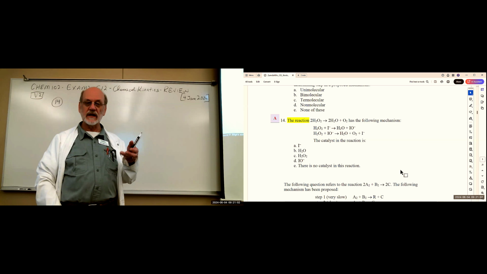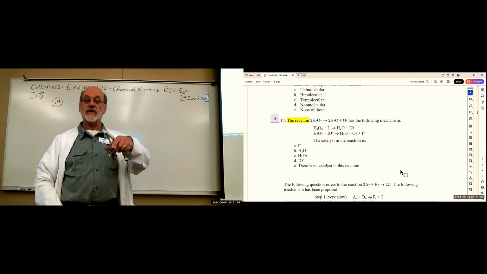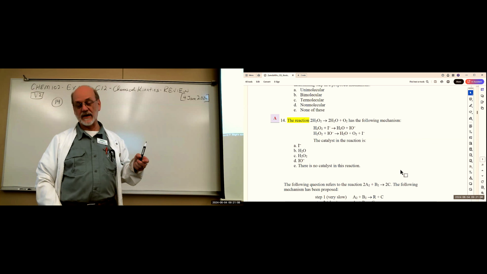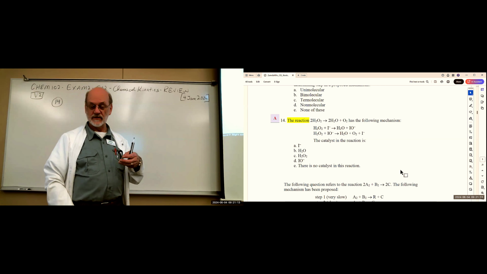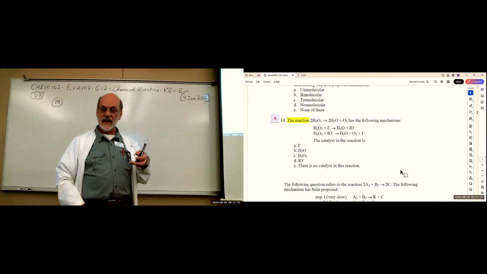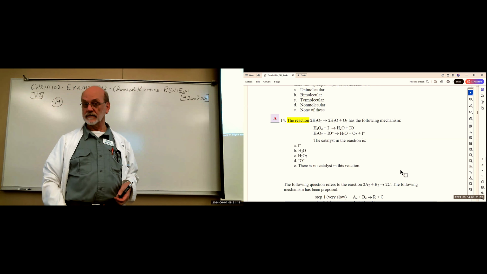Makes water and iodate ion. Then the iodate ion reacts with the other hydrogen peroxide molecule, because the balanced equation says there are two of them. So it reacts with the other one and produces water and oxygen and releases the iodide ion again.